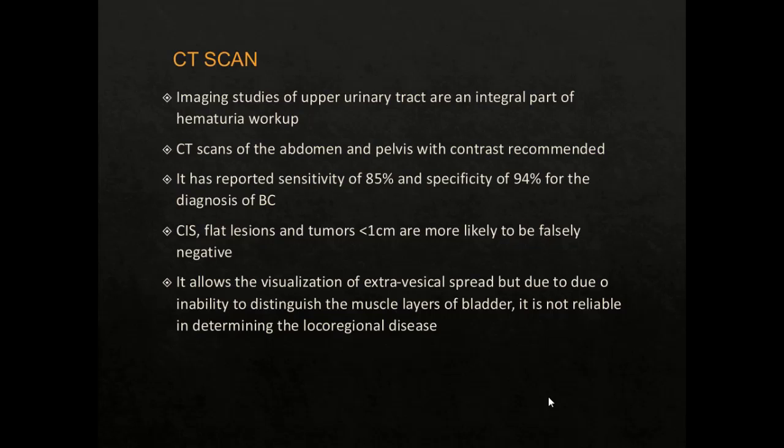It has a reported sensitivity of 85% and specificity of 94% for diagnosis of bladder carcinoma, but CIS, flat lesions and tumors less than 1 centimeter are more likely to be falsely negative. It allows visualization of the extravesical spread, but due to inability to distinguish the muscle layers of the bladder, it is not reliable in determining locoregional disease.